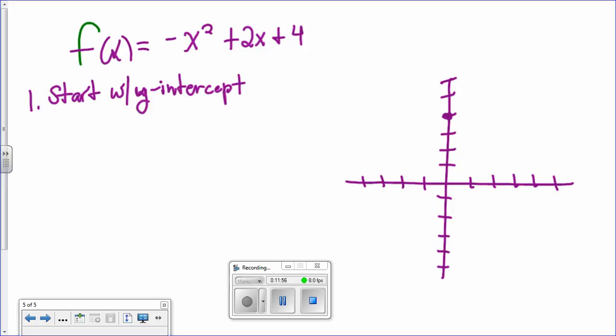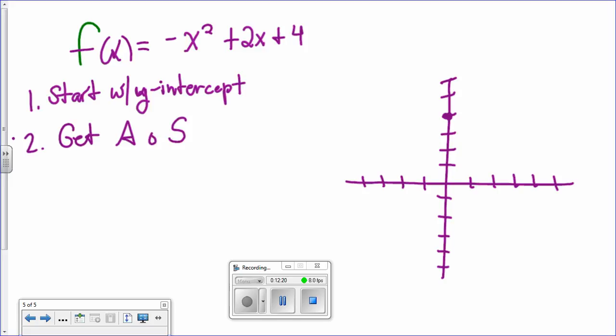Whatever the constant is. So I start with the y-intercept, and then I get my axis of symmetry, which is that line that goes down the middle. Axis of symmetry is really long.